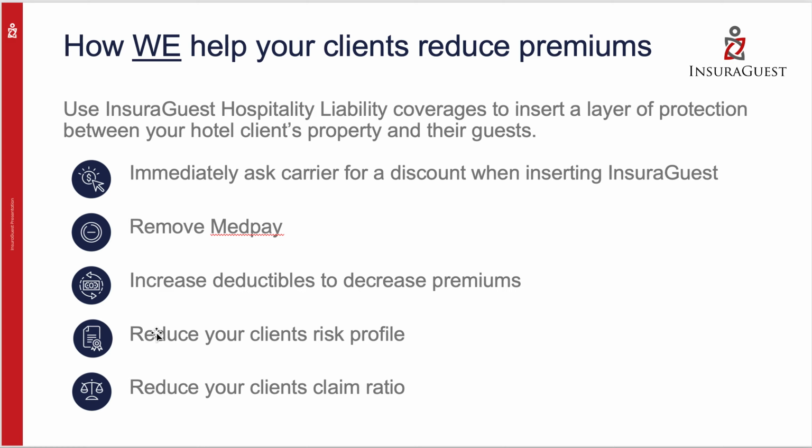If your renewal is going up 15%, which you're lucky, and you insert InsuraGuest and you can get 3 or 5% of that knocked off, that's a win. Remove MedPay, because inserting InsuraGuest is just like having MedPay. Increase your deductible to decrease your premium, because again, if you don't have MedPay and you're inserting InsuraGuest, then you can increase your deductible, and that'll help with the reduction of the premiums.